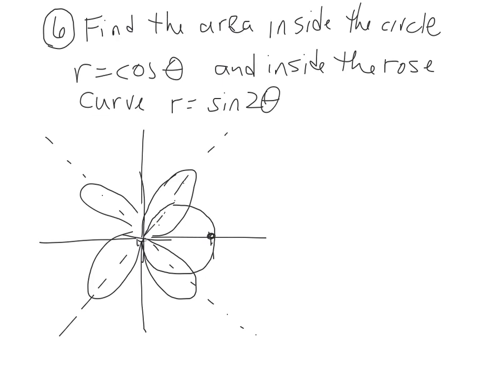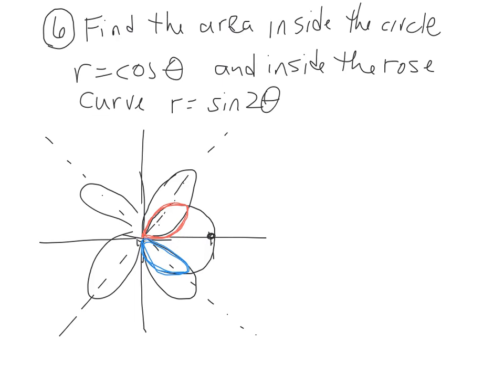Okay, so what I want to do, if I'm finding the area that is inside the circle and inside the rose curve, it's the overlapping area. So I'm going to look at this overlapping area that I'm marking with red. I'm going to try to find that area, and because of the symmetry, I'm going to just double that because it is also the same down here below.